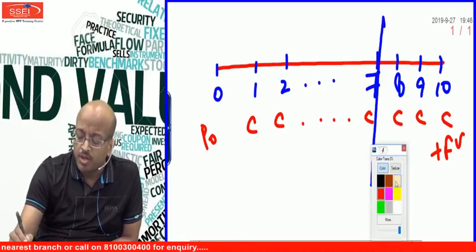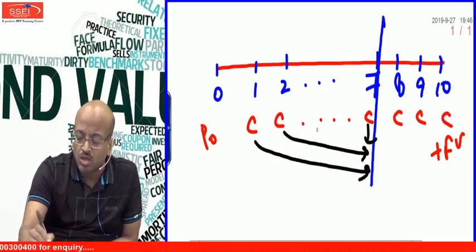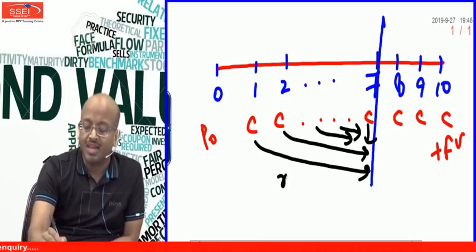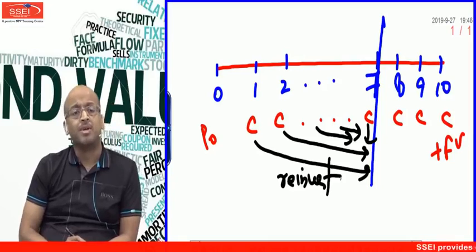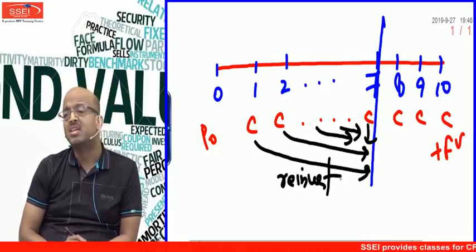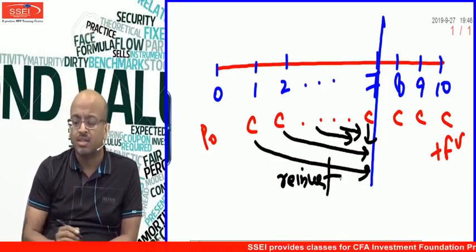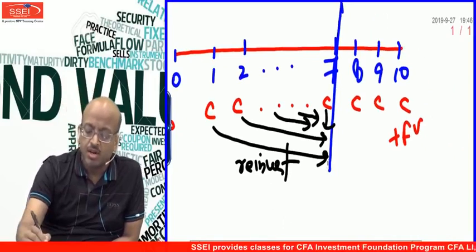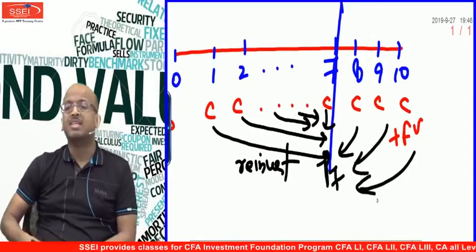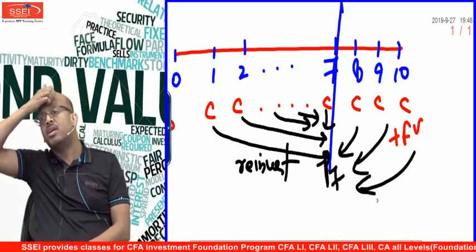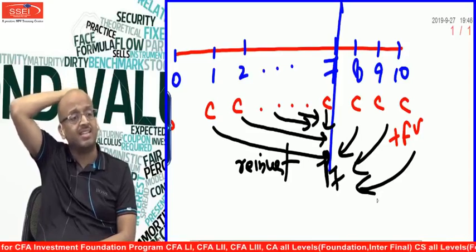Now, you will reinvest all these cash flows. I'm assuming that you're selling the bond after 7 years. So you'll reinvest all the cash flows till the 7th year, compounding. Now the price P7 will be the present value of this. When you sell after 7 years, what's the price? Present value of the 8th year, 9th year, 10th year.